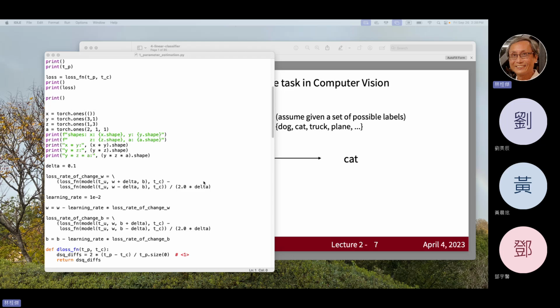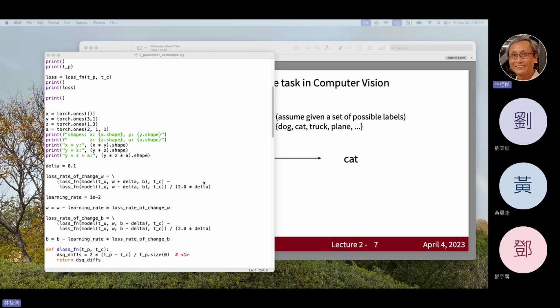Delta says that from this model I get some particular loss value, and then I also have another loss value, with a certain difference between them, divided by 2 times delta, which means how much of the difference in terms of the loss value you want to use for making the changes.